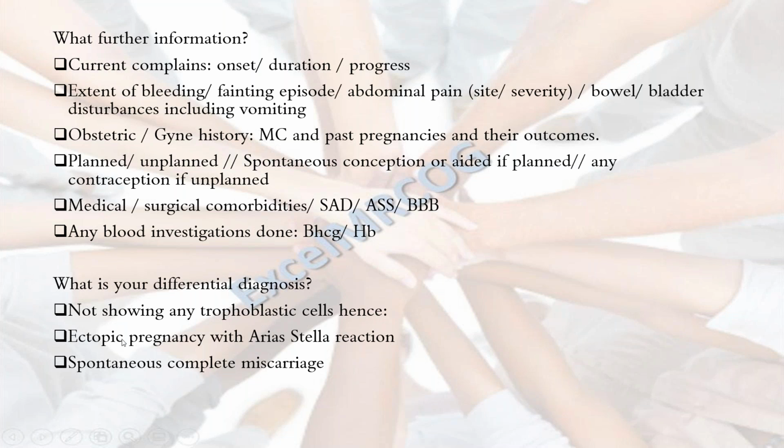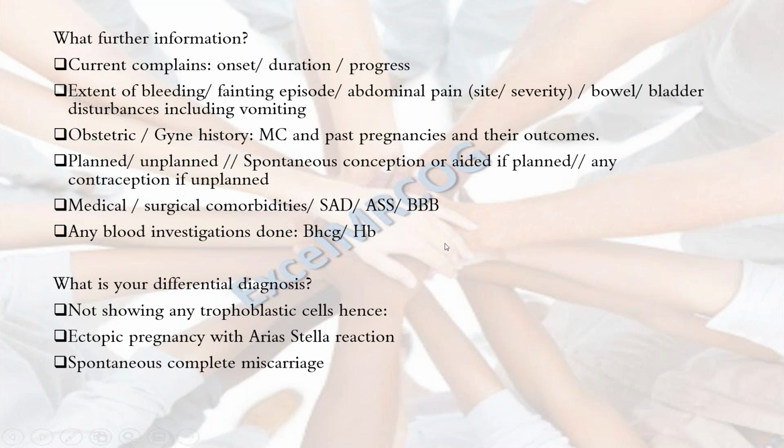So it can be either an ectopic pregnancy with Arias-Stella reaction, or a complete miscarriage that has already been completed, and there's nothing left in the uterus. By the time you did the D&C, the abortion was complete. That may be a possibility, but the important differential you have to consider is ectopic pregnancy with Arias-Stella reaction, not molar pregnancy.